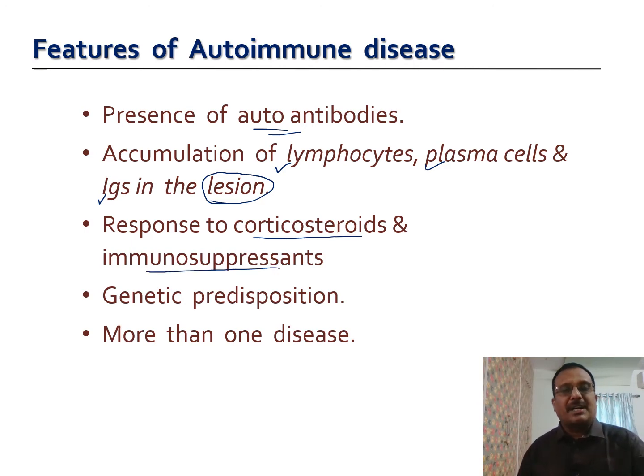There should be a history of genetic predisposition, and there should be more than one disease. Usually autoimmune disease does not present in isolation. Most of the time they present with more than one disease in a particular individual.